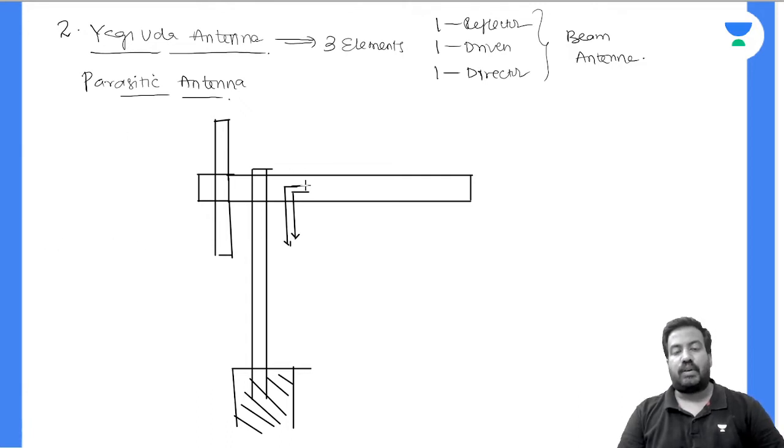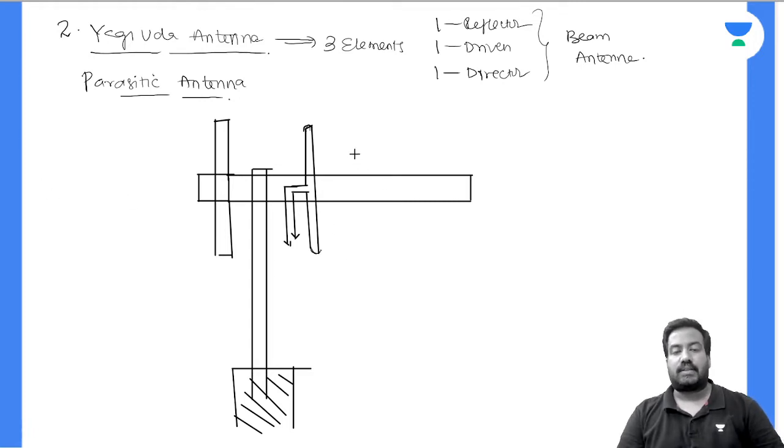The driven element is a folded dipole antenna, whose height is 5% less than the reflector. This is the driven element, a folded dipole antenna.